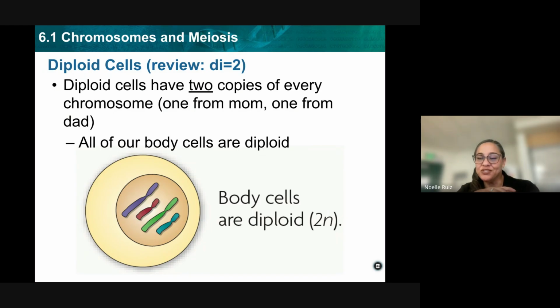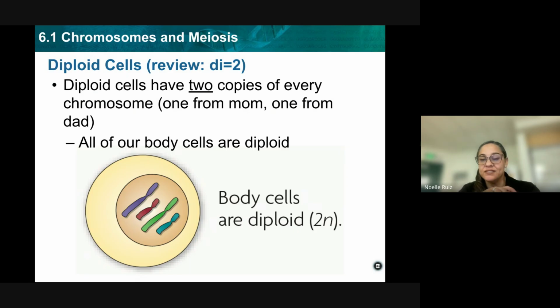Now, our somatic cells with the full complement of 46 chromosomes are called diploid cells. If you remember way back from chapter 2, we talked about disaccharides, the prefix di means two. So diploid cells have two copies of every chromosome. And you get them from your parents, one from mom, one from dad.